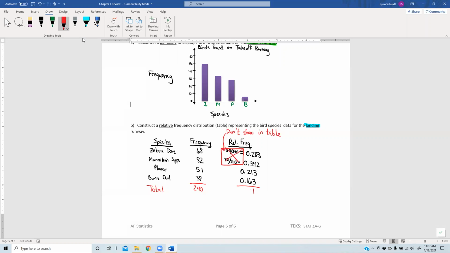It'd be 1.001. So it looks like we're off due to rounding error, but that's okay. So yeah, our official table would be just what I have in black. That would be the official table. The red is just how we went about and checked everything. So hopefully that makes sense.